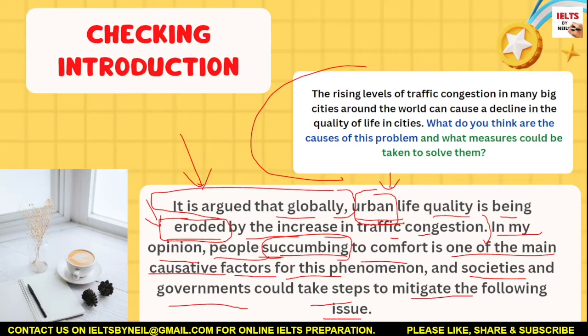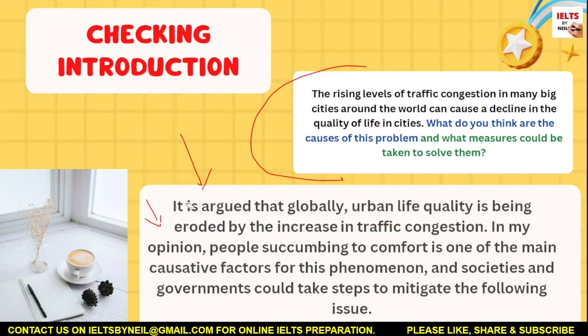Now the student, let me just erase it all. Now if you have a look, the student has done very well in the paraphrasing, like this one, urban life quality, with the cities. And eroded, it's a good word, so a good range of vocabulary is being shown here. And then people succumbing, again a good range of vocabulary.